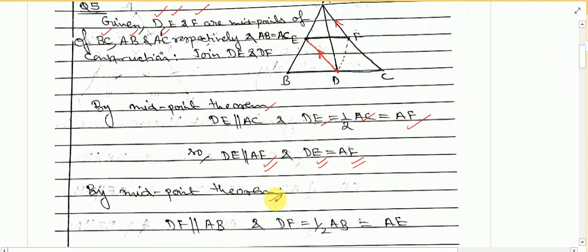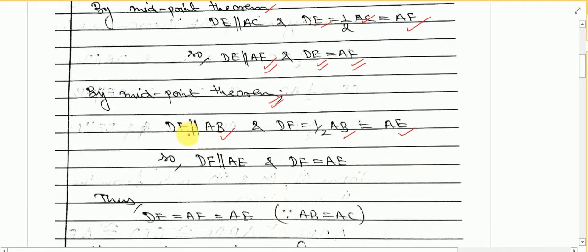Now next, again by midpoint theorem, your DF is going to be parallel to AB, and DF is going to be half of AB. Half of AB is AE. And since DF is parallel to AB, therefore DF is parallel to AE also, sorry, equal to AE.